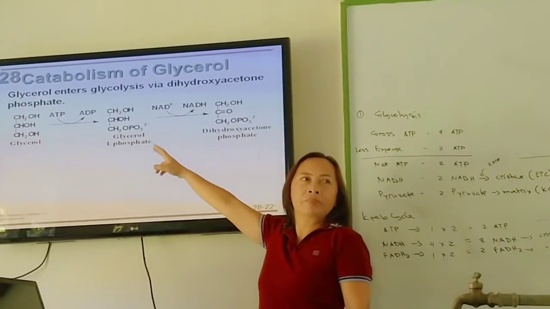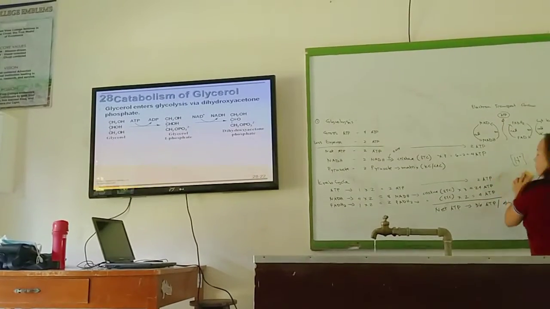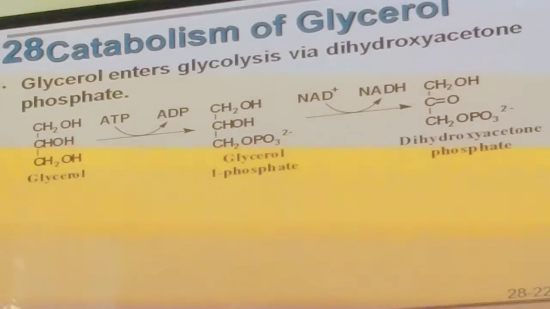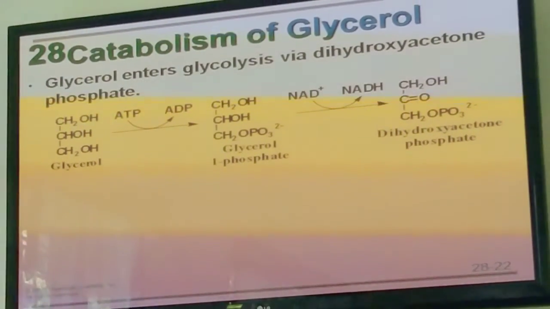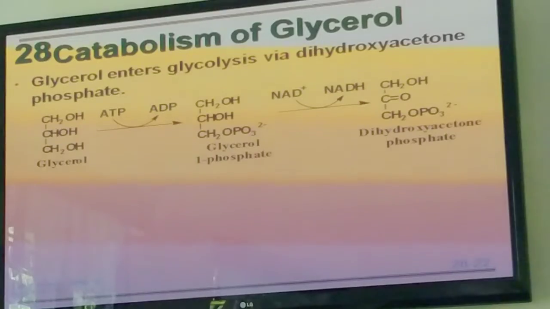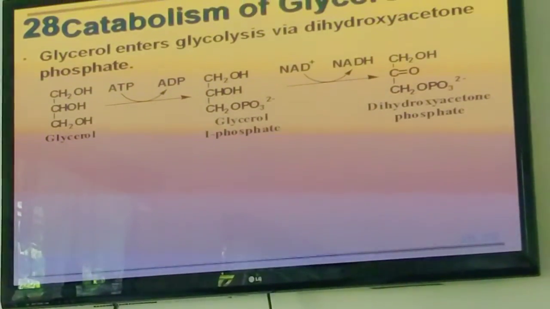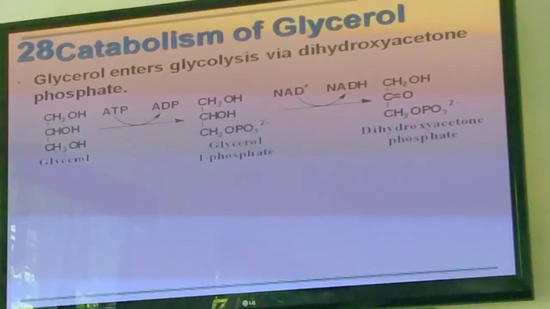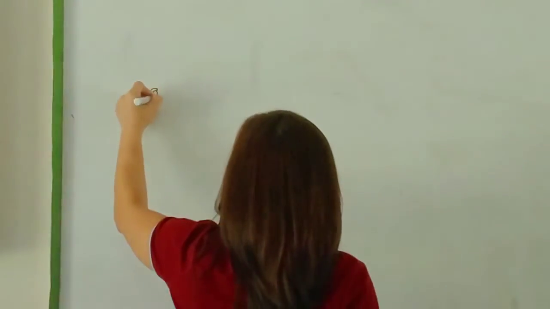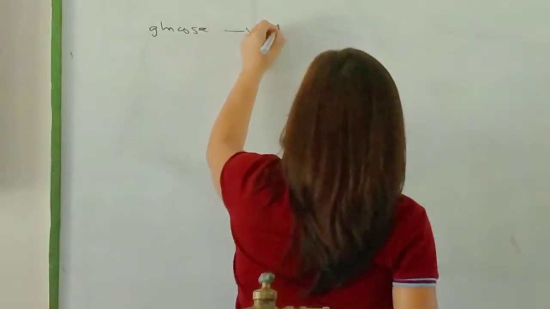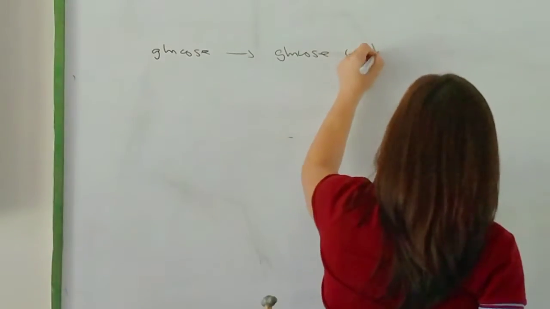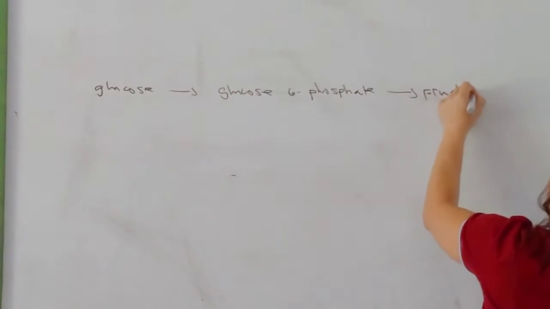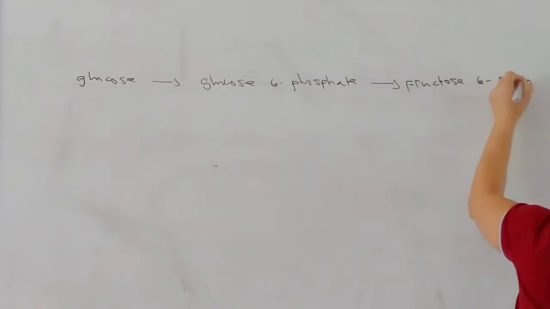Okay, can I erase this? So, if we have here, say, glucose 6-phosphate, isomerization.